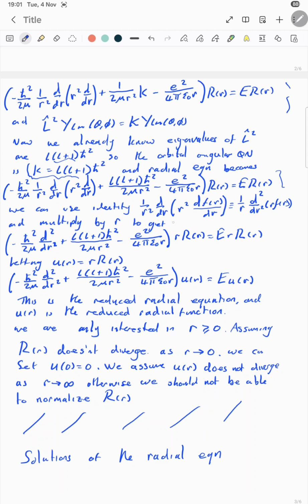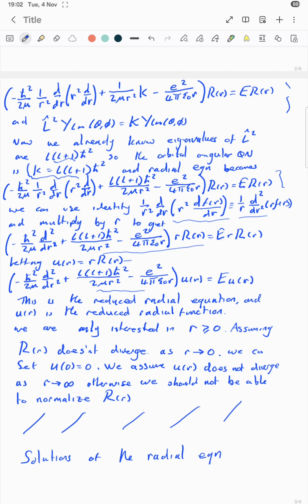We can now use an identity here to rewrite this equation, and we're letting u of r equal r times uppercase R of r, and we will get this here, and this is the reduced radial equation, and u of r is the reduced radial function.